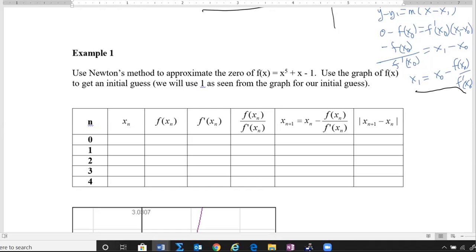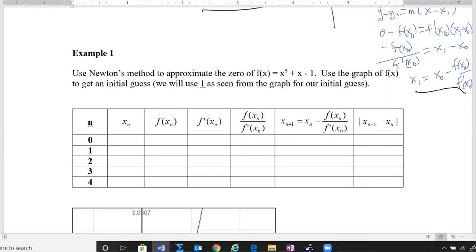And I'm not going to go through all this because it's really not very efficient. I'm going to show you how to get this all done on the calculator in just a few steps, because we're not going to focus on this. We could build Excel tables and all kinds of things with this, but we're not going to get into it that much. This is just a little intro to the topic.